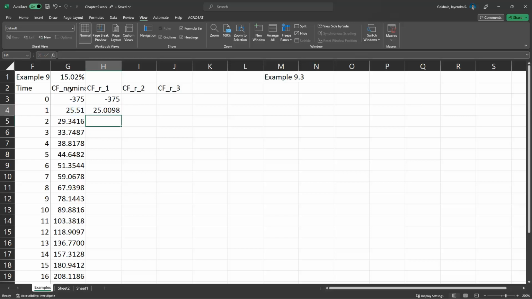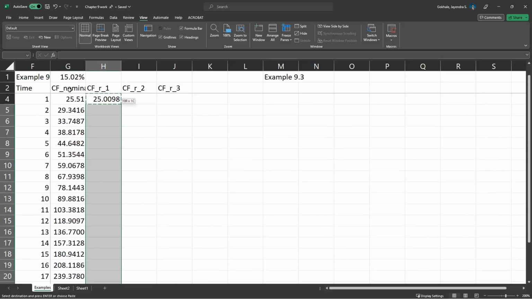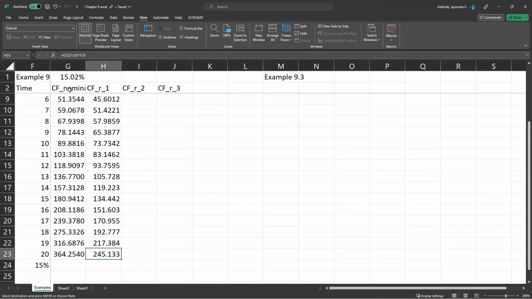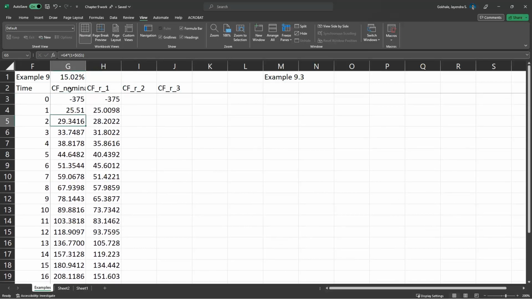That is the real cash flow for that particular period. And so all the real cash flows can be found out like this. So just keep dividing it by 1.02 to the appropriate power. And note that the growth rate has already been accounted for in column G. Column H is only deflating it by the rate of inflation.